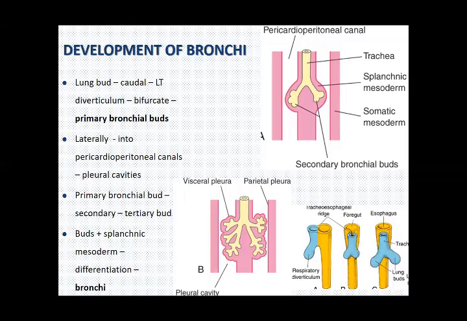Similarly, this is the splanchnic mesenchyme which is surrounding the foregut. यहाँ पे pharyngeal apparatus की थी, लेकिन as you go down, as you grow distally, अब foregut की splanchnic mesenchyme है. ठीक है. This lung bud plus the surrounding splanchnic mesenchyme या mesoderm, this differentiates into bronchi.